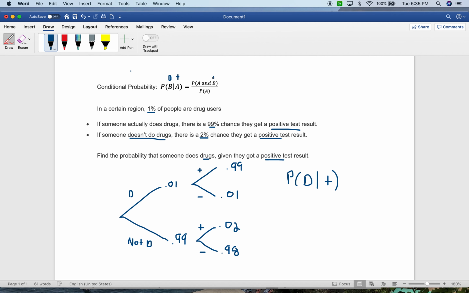So this B will become D, the A is a positive, the A is a positive. So rewriting that here, we have the probability of D given positive is the probability of positive and they did drugs, over the probability they got a positive test.